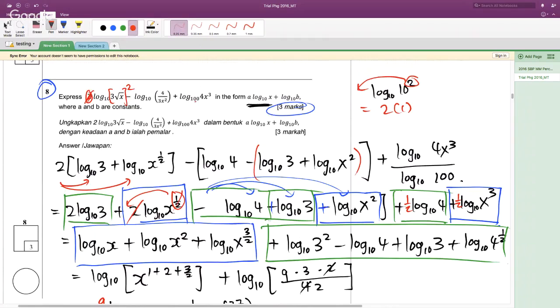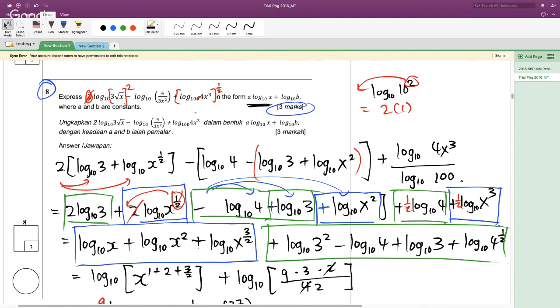And then log 100 here, you just change into log 10 over 2. And over 2, if you understand, this means the whole thing multiply 1 over 2. So the 1 over 2 you can move up to become a power. Then everything is in the log 10 already, so you just factorize out the log 10. After you factorize out the log 10, you can basically just separate the number from x.